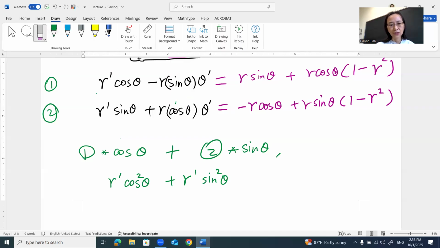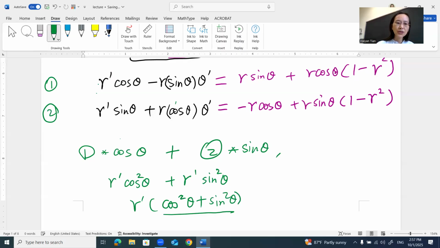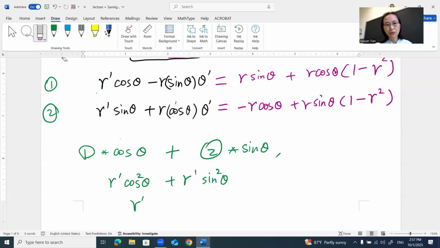So we have only this term, but this is essentially r prime, because if we use trigonometric identity, Pythagorean identity, this is 1. So we have simply r prime. So we have this equation once we do this operation. So the left-hand side of the new equation is simply r prime.